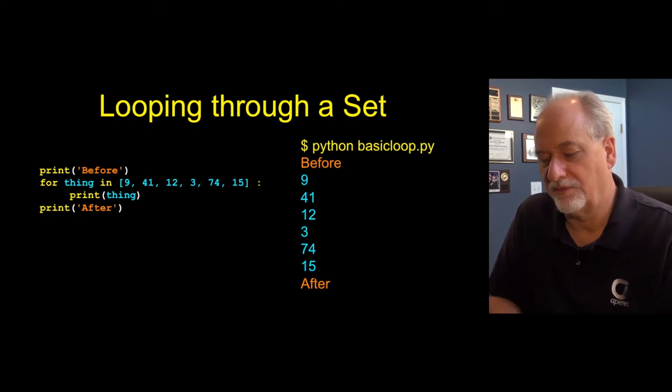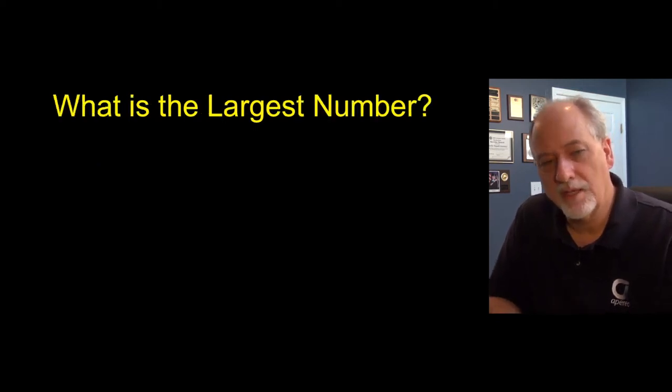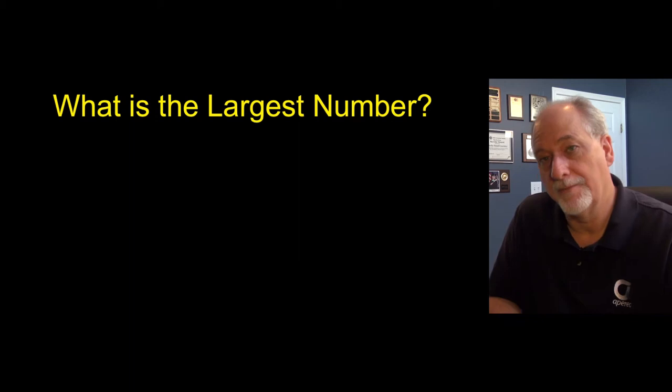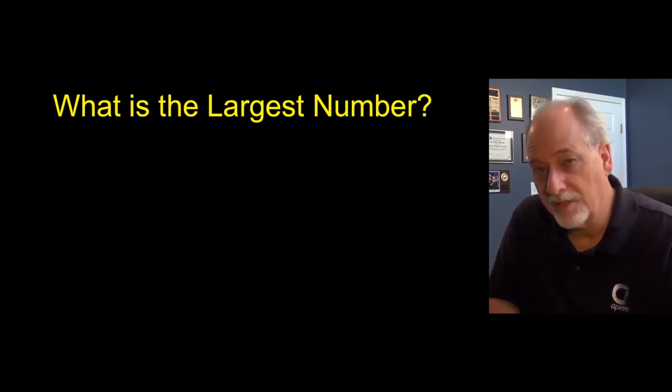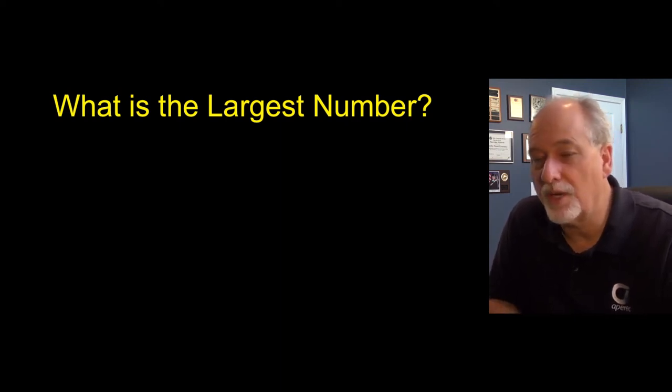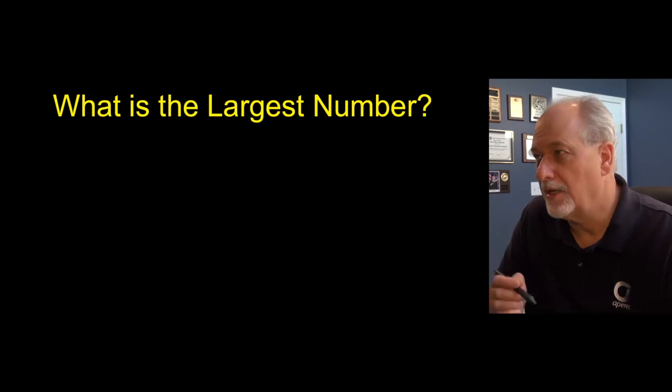To understand how these loops work, I'm going to ask you to function as a program. I'm going to show you some numbers in succession, and I want you to mentally figure out what the largest number is, but more importantly, think about how your brain is solving this problem of what is the largest number, given that I'm only going to show them to you one at a time for a little while, and your brain has to do something.